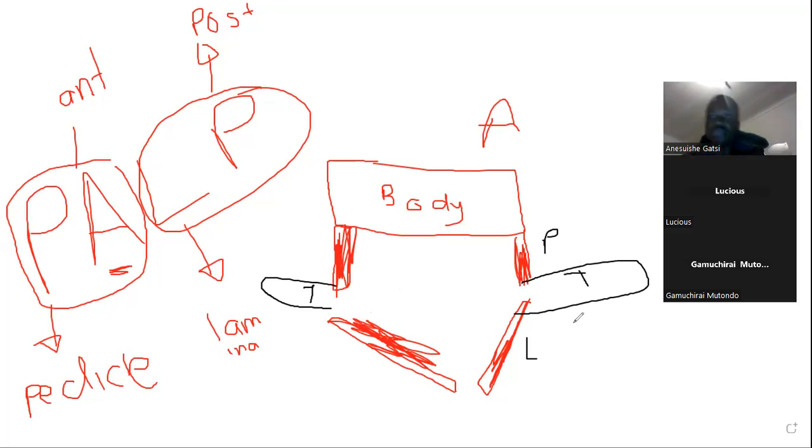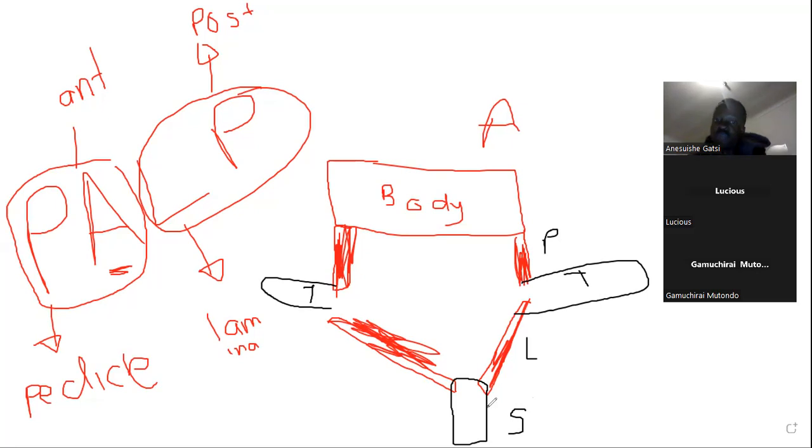So where pedicle meets lamina, I'm going to have a transverse process. Where the two lamina meet in this region, I create a spinous process. This is the general structure of a vertebra.